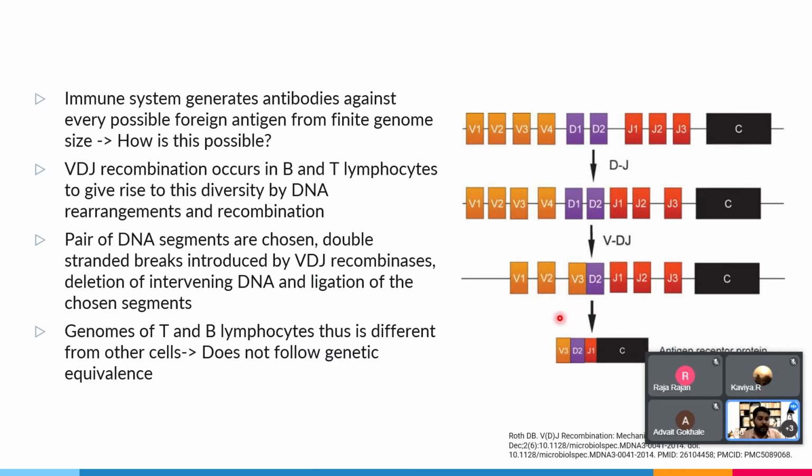And thus we have this much smaller genome size now present in the genome. And this will get translated to form the antigen receptor domain. Thus, the genomes of T and B lymphocytes are different from other cells because some parts of the VDJ sequences are eliminated, and thus they do not follow the genetic equivalence rule.